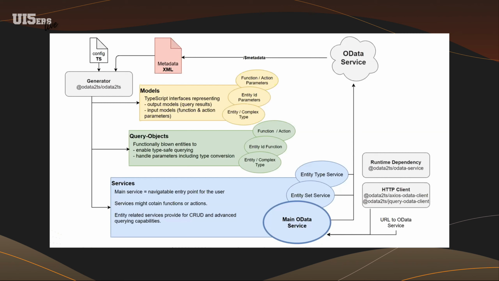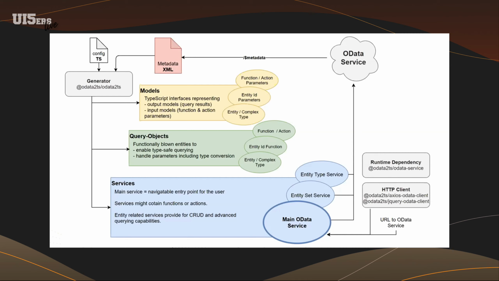And in the end, the services, you would always see the main service which gets generated, and you only use this one. But in the background, for each entity set and each entity type, we generate one service. Also for each complex type or collection. What you in the end need to use this main OData service is a certain runtime dependency called OData service.